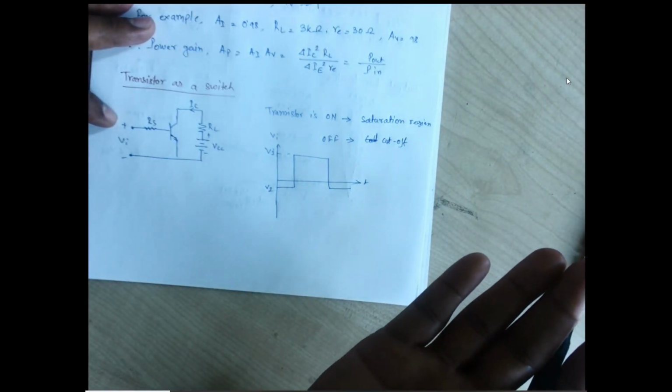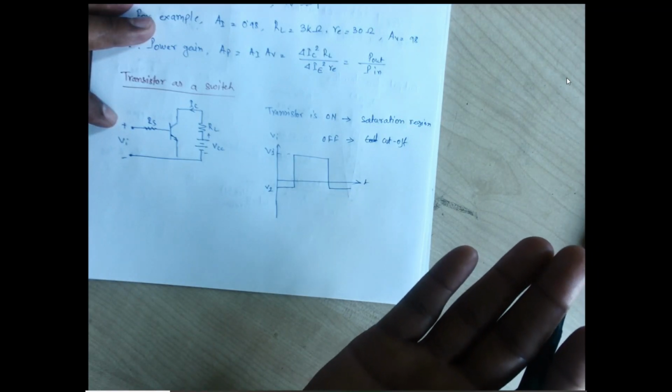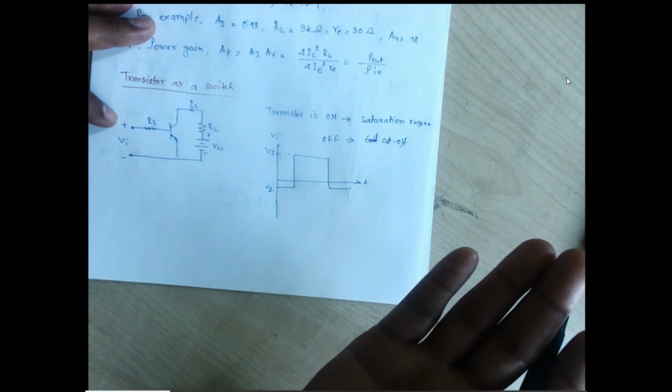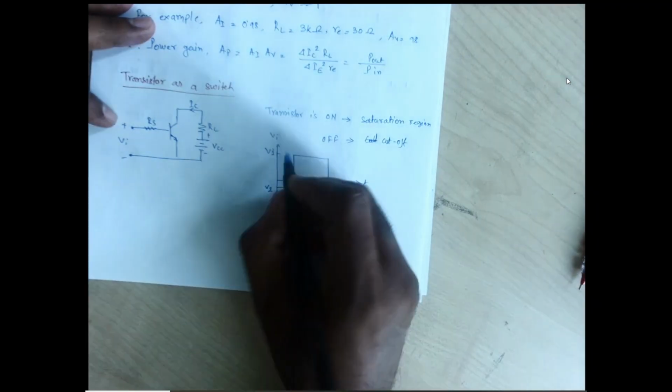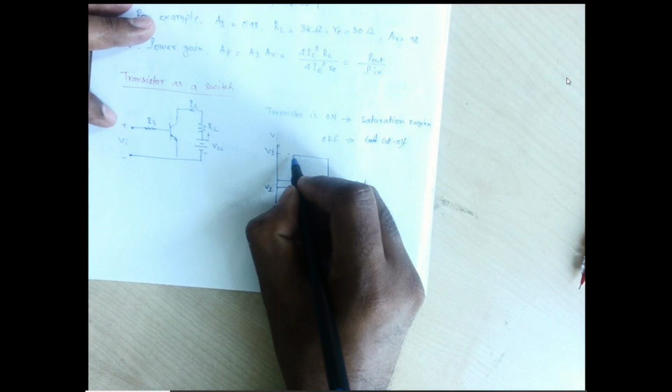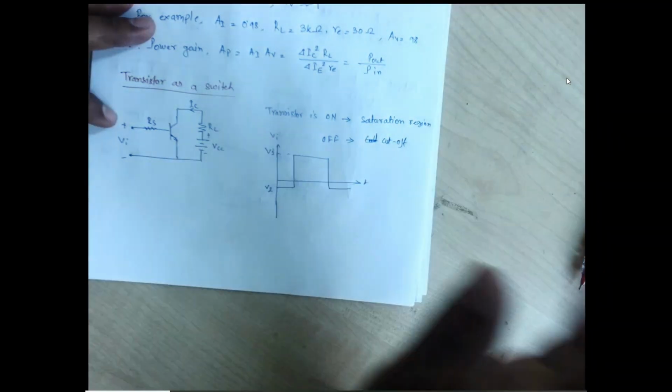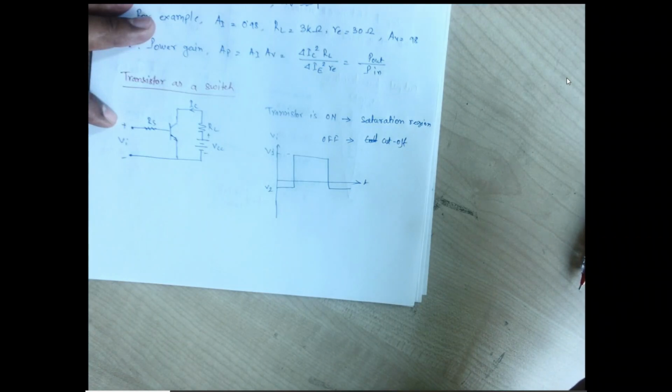That is what the transistor in the switch off state is. Now when this Vi changes to V1, that is, it goes to positive, this IC or this output will have a certain voltage level.